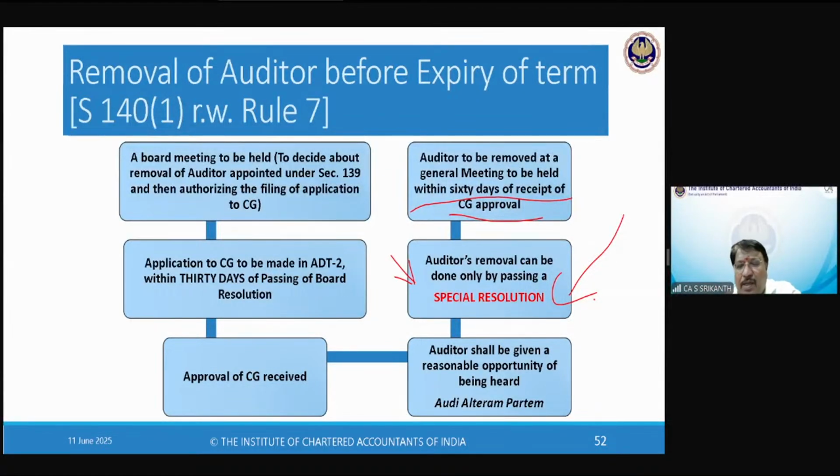So audi alteram partem means hear the other party. Alteram means other, opposite. Partem means party. That means the central government, while deciding under section 140 subsection 1 read with rule 7, is operating in a quasi-judicial function.